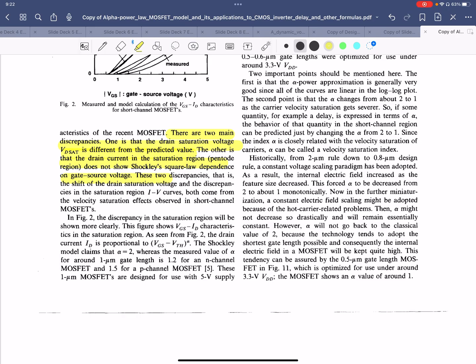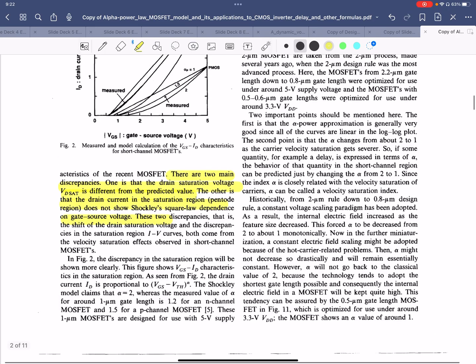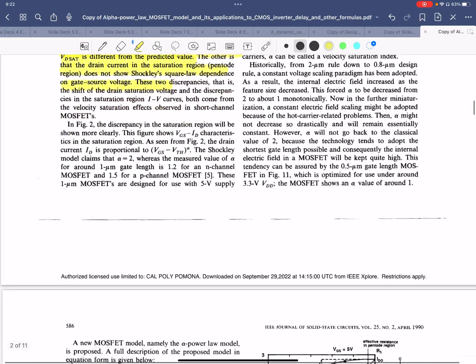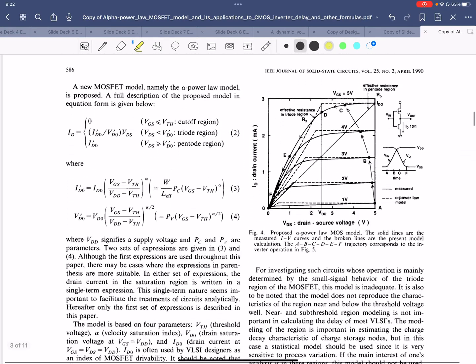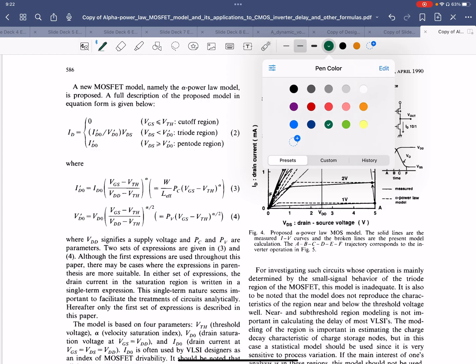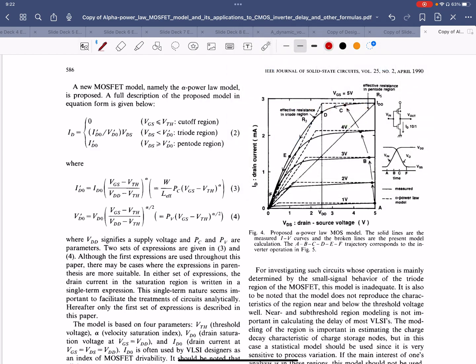So anyway, the upshot of the idea behind the alpha model is that it's a piecewise linear model, I guess is the best way to talk about it. Let's say this is the actual model of the device.